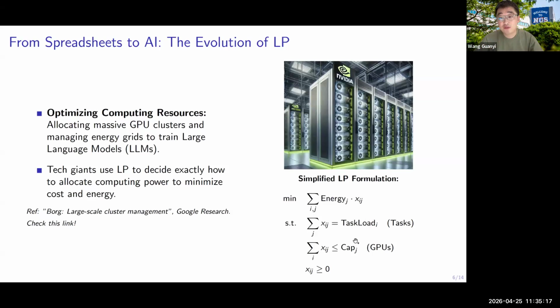Similarly, if we focus on only one GPU card, the j-th GPU card, all the task load allocated to this GPU should be upper bounded by its capacity.